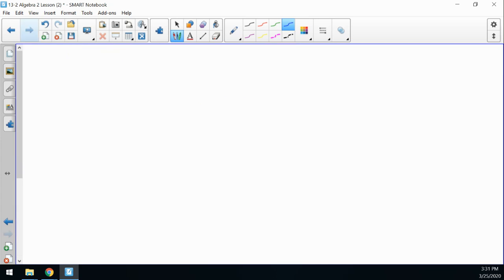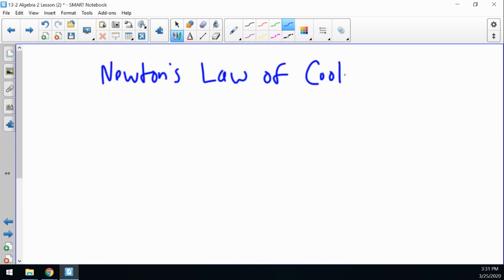Another example of exponential equations that scientists use all the time is something called Newton's law of cooling. So let's write this down. Newton's law of cooling is an exponential equation.